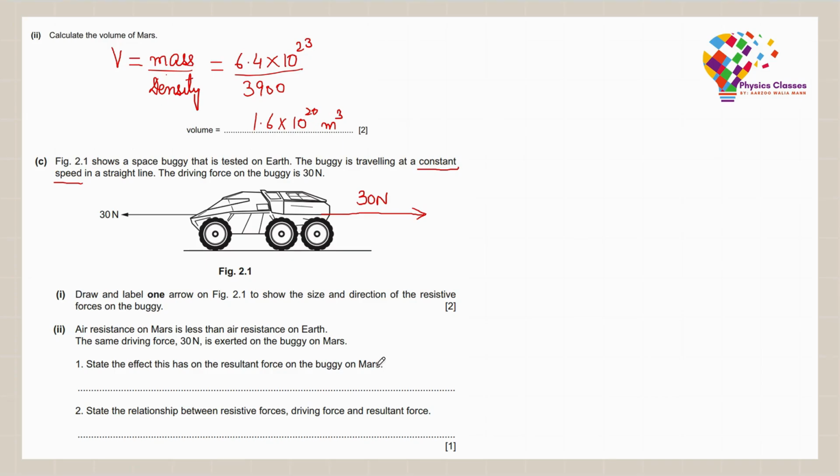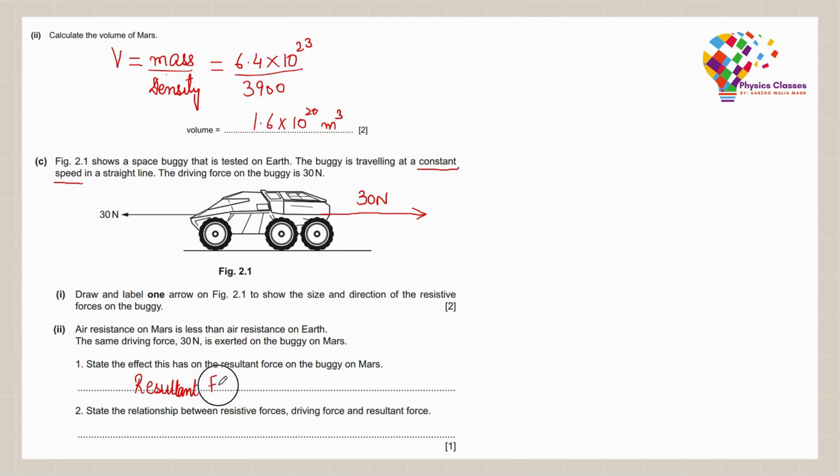Constant speed means that there is no acceleration, or in other terms, the forces are balanced. See, the resistive forces always act opposite to the direction of the driving force. So therefore, the resistive force will act towards right, since the driving force is acting towards left, and magnitude has to be equal to that of the driving force. So this is also 30 newtons. Why? Because there's no acceleration since it is moving with a constant speed.